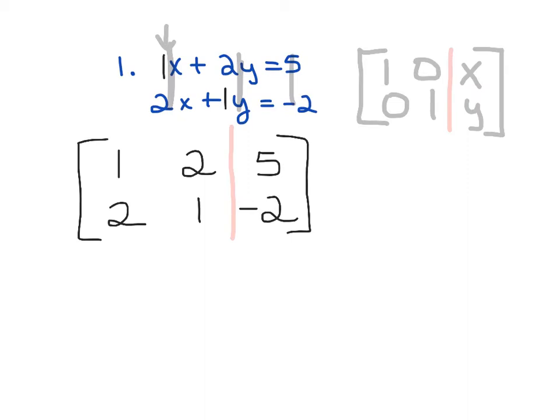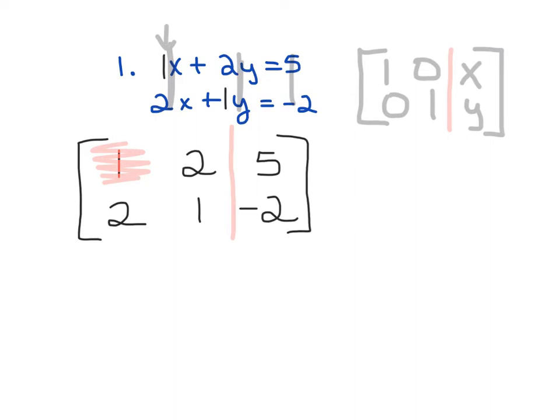So our goal is to change this 1, make it become a 1, and it's already there for us, so that step's done. Change this 2 to a 0. Change this 2 over here to a 0, and then this 1 is already done for us.